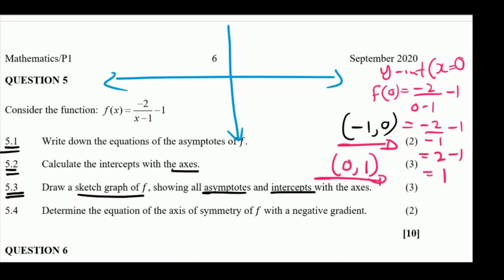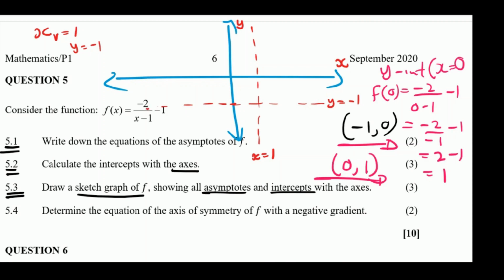We're going to label our graph: y, x, and first identify the asymptotes. We have our vertical asymptote x equals 1, so it's going to be somewhere here, and our horizontal asymptote y equals minus 1, which would be somewhere here.